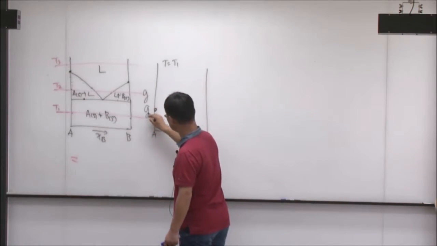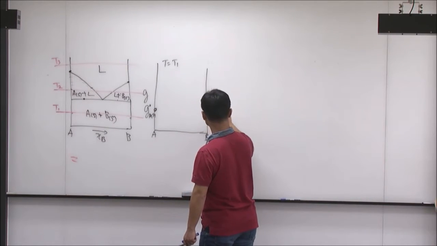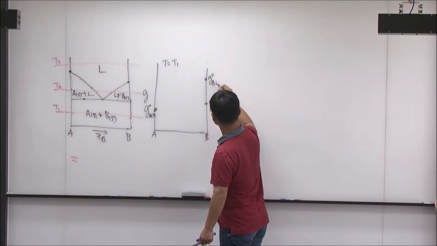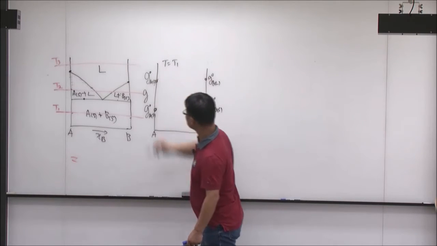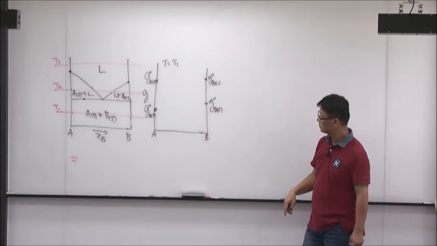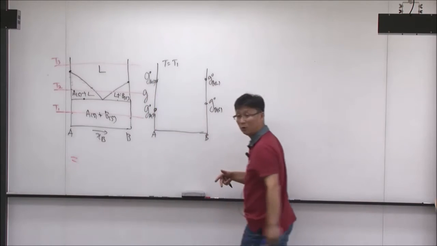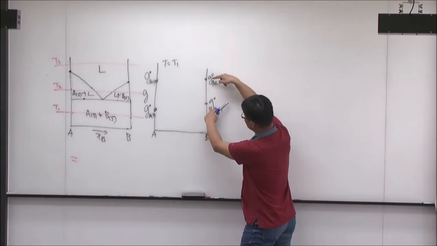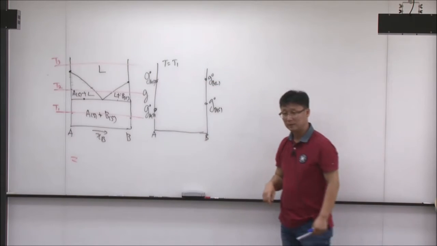So Gibbs energy of A solid, Gibbs energy of B solid. And okay, so at least you can present 4 points in the diagram like this. As I mentioned, this location, we don't know exactly. Absolute position, we don't know. Okay? And the only thing you have to make sure is, this should be lower than this one, this should be lower than this one. That's the only two. You have to be very careful.